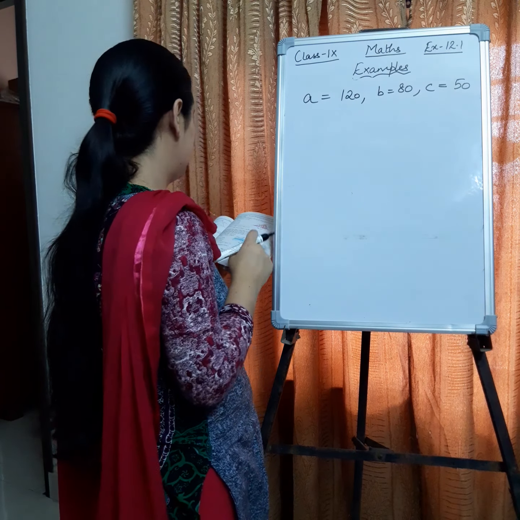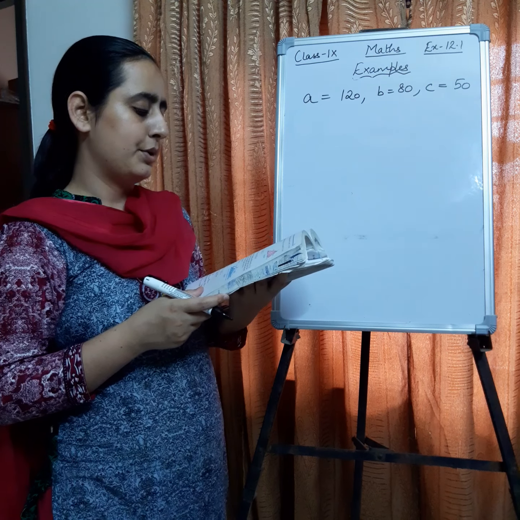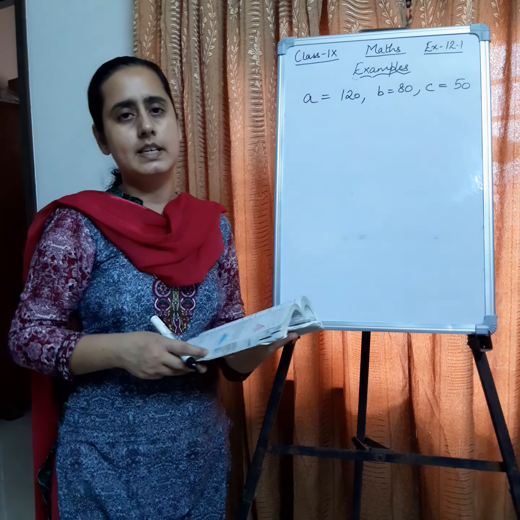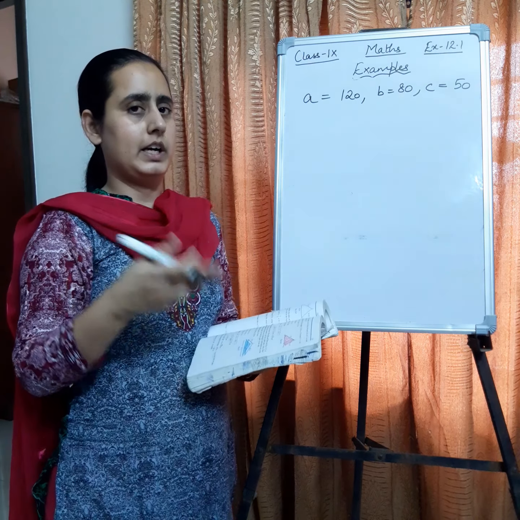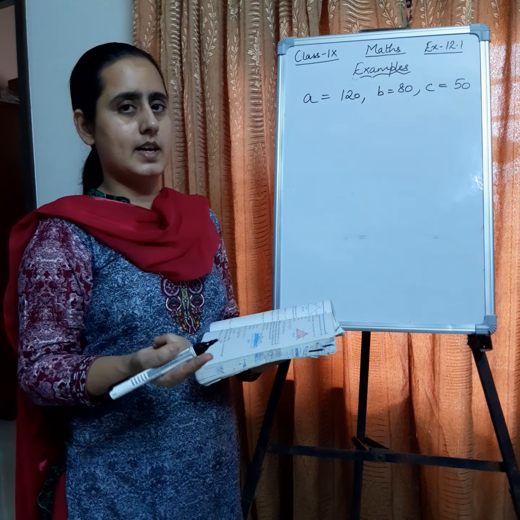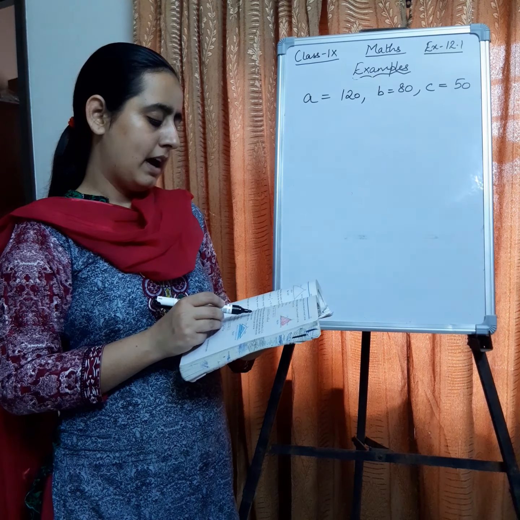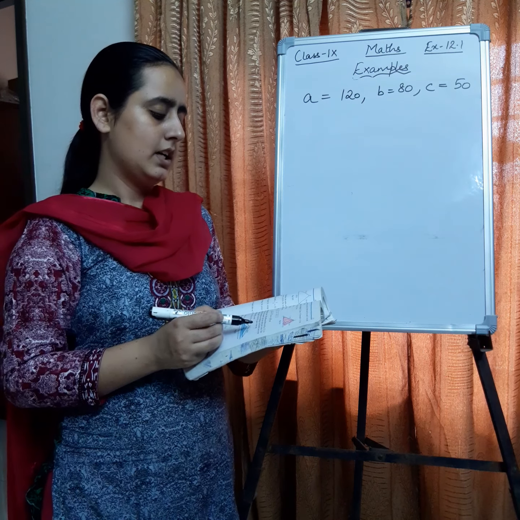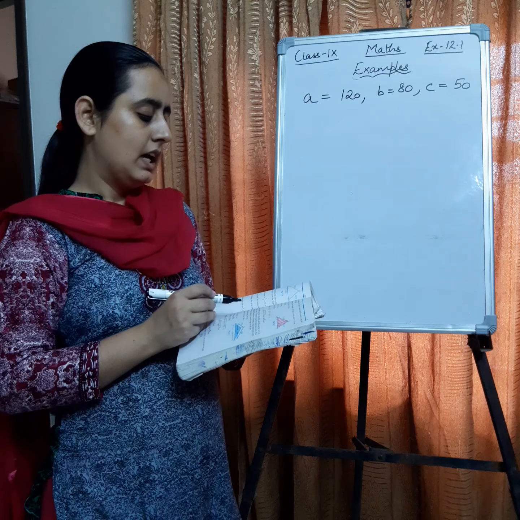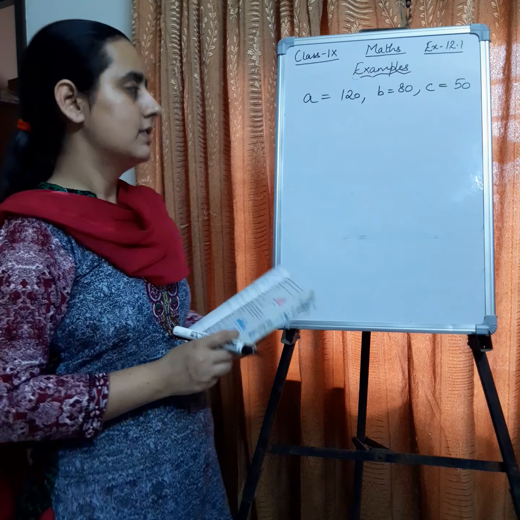Now a gardener, Dhania, has to put a fence all around it and also plant grass inside. Fencing is done on the boundary, so for the length of the fence we need the perimeter. And grass inside means we need the area. How much area does she need to plant, and find the cost of fencing it with barbed wire at the rate of rupees 20 per meter, leaving a space of 3 meter wide for a gate on one side.